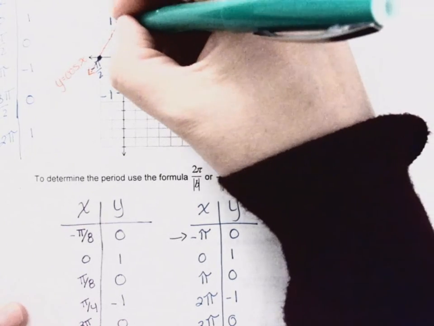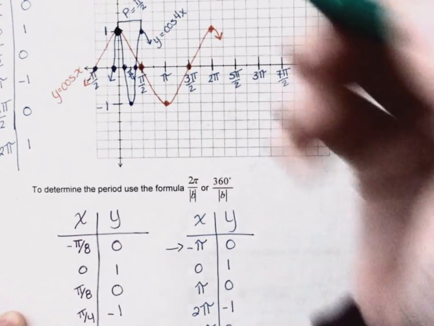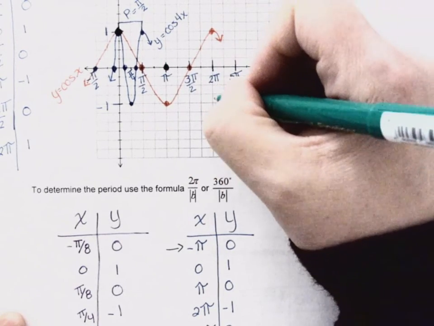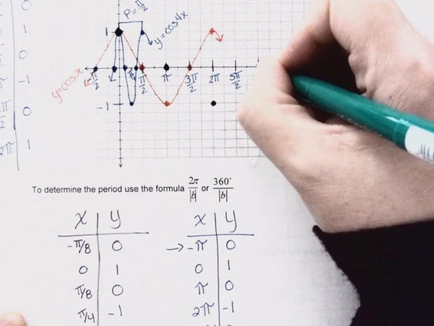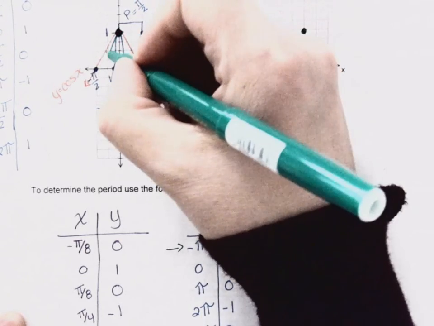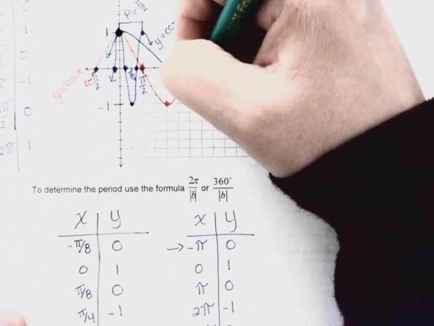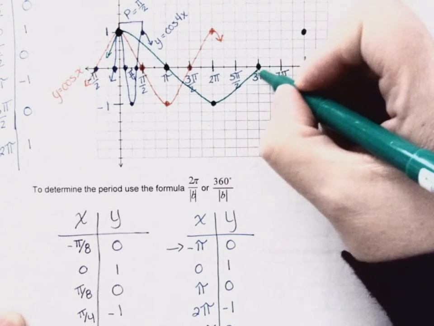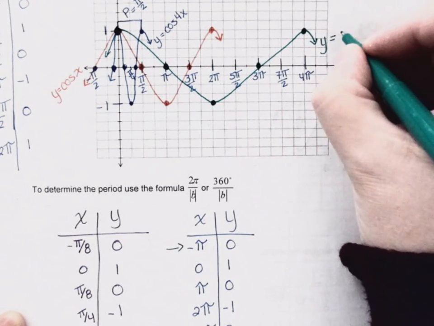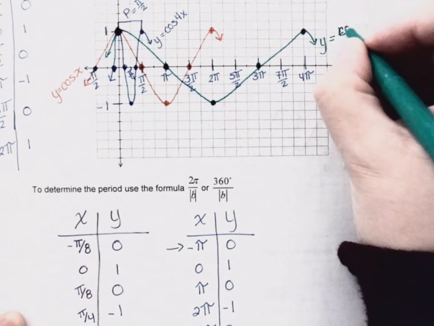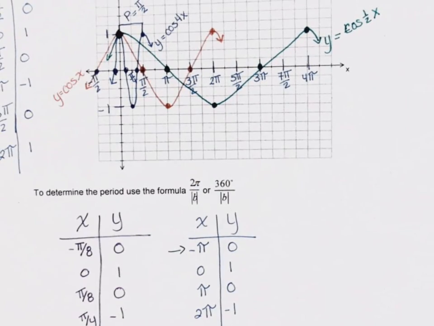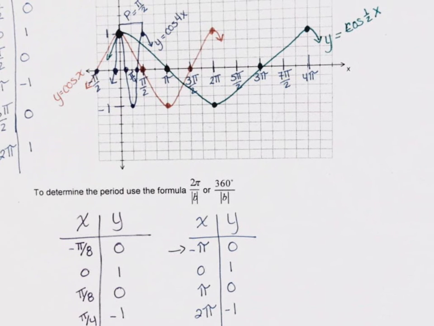So I'm going to start at 0 and 1, then go to pi and 0, then 2 pi and negative 1, 3 pi and 0, and at 4 pi I'm back at 1. Are your arrows going in the right directions?